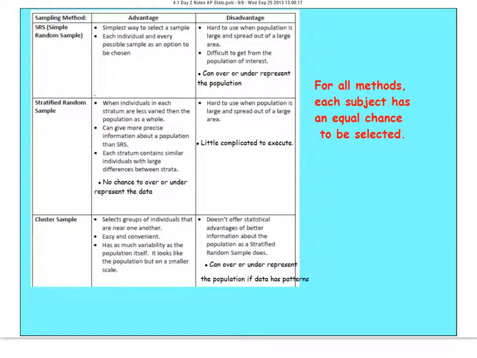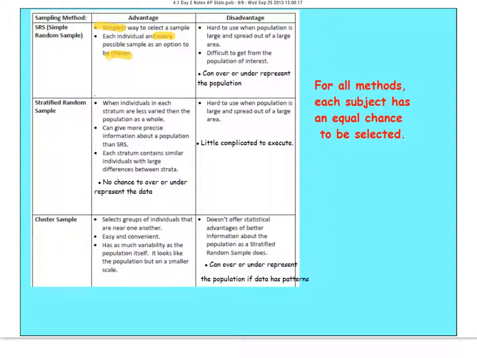Now, I like this last slide because it really shows the three good sampling methods, kind of the advantages and disadvantages. The nice thing about a simple random sample is that it truly is the simplest way to actually select a sample. In this case, every individual in every possible sample has an option to be chosen, which is important.